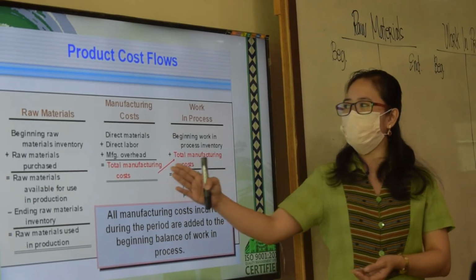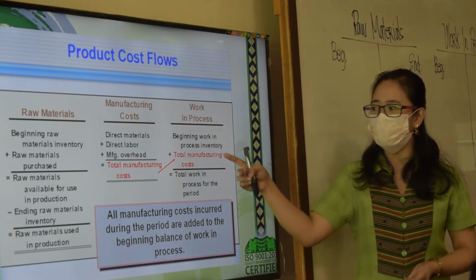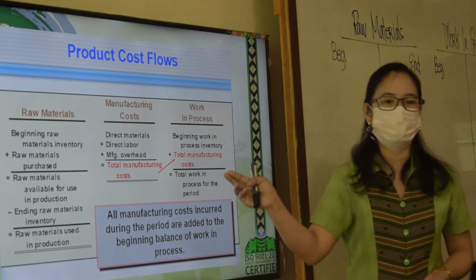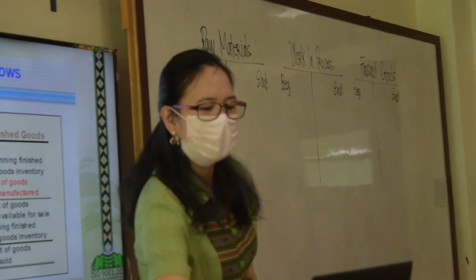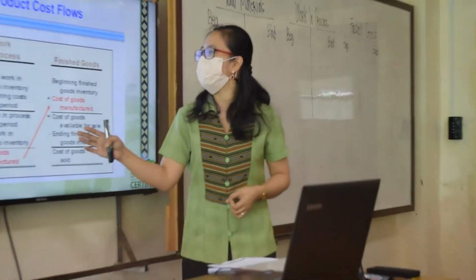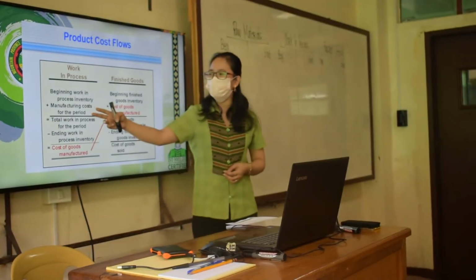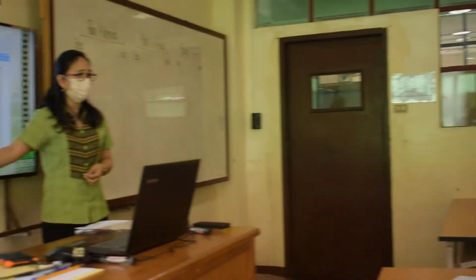To the total manufacturing cost, we add the beginning work in process inventory. Then we have the total work in process for the period. Just raise your hand if you have any question. From the work in process, you have your beginning, you add your manufacturing cost, less your ending, that's the cost of goods manufactured.